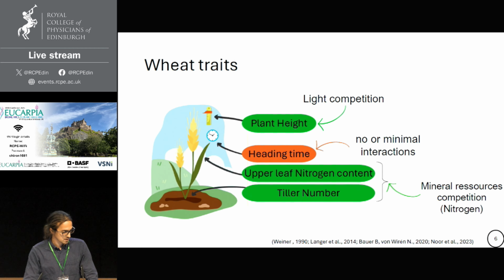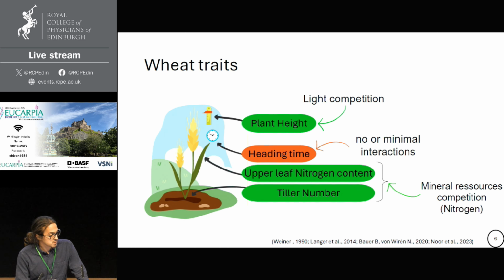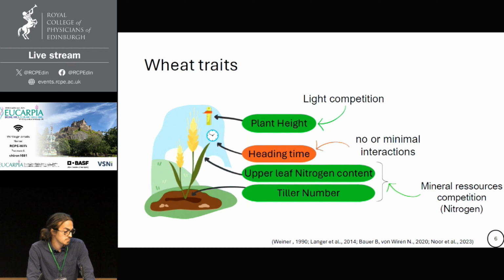For the traits, we decided to measure 4 traits. For the wheat, we have plant height, heading time, upper leaf nitrogen content, and tiller number. From the literature, we know that height is directly impacted by light competition, and upper leaf or flag leaf nitrogen content and tiller number are highly dependent on mineral resources, mostly nitrogen.